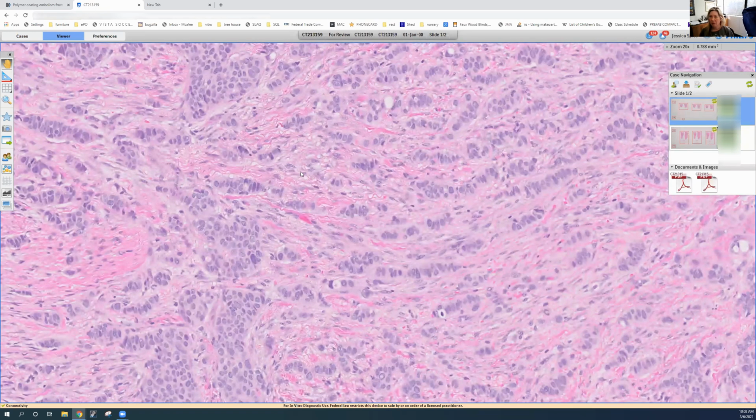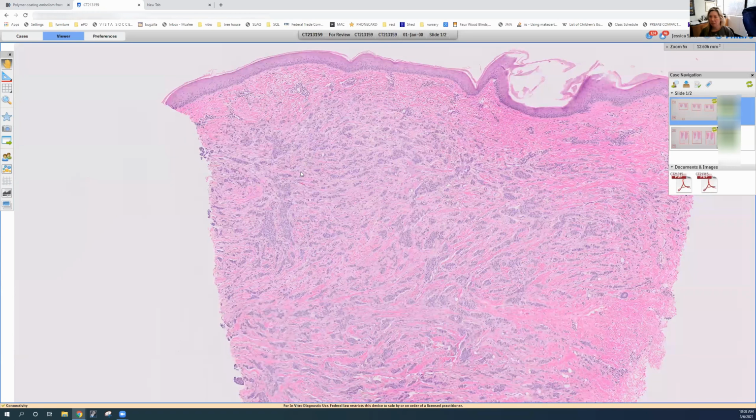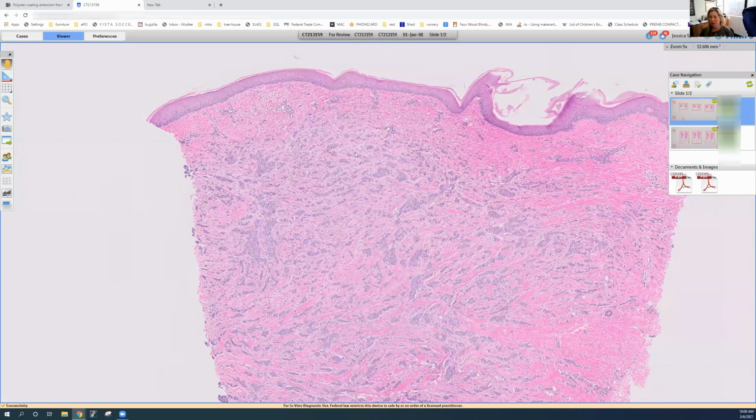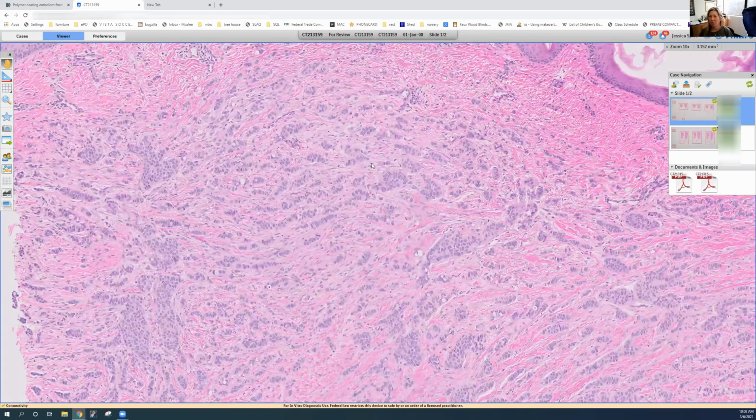And one thing I do want to mention in this case is you never want to sign out something as metastatic breast cancer in a patient that doesn't have a history of metastatic breast cancer, because primary eccrine carcinoma of the skin can look exactly the same.